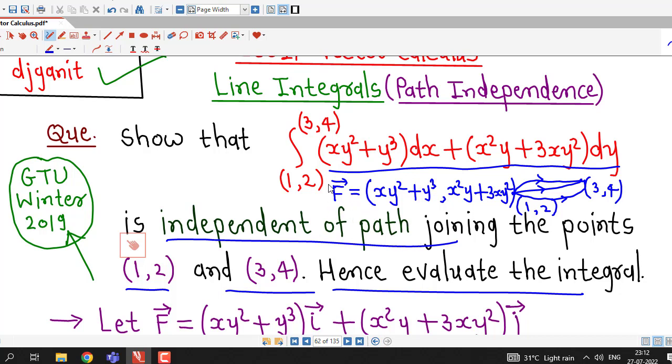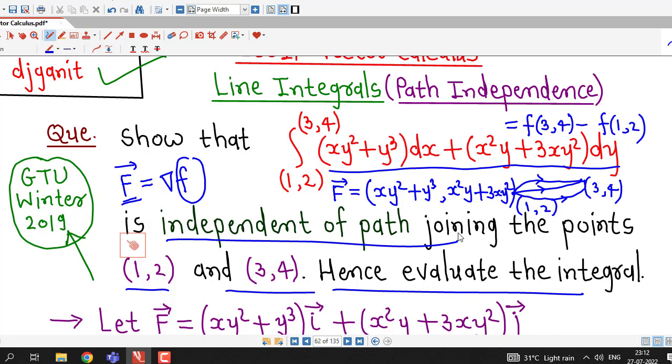Once we know that F bar is conservative, we can write F bar as a gradient of some scalar function. So we will determine that scalar function for vector field F bar, and using the fundamental theorem of line integral, the value of this line integral will be equal to the value of that scalar function f at the endpoints: f(3, 4) minus f(1, 2).